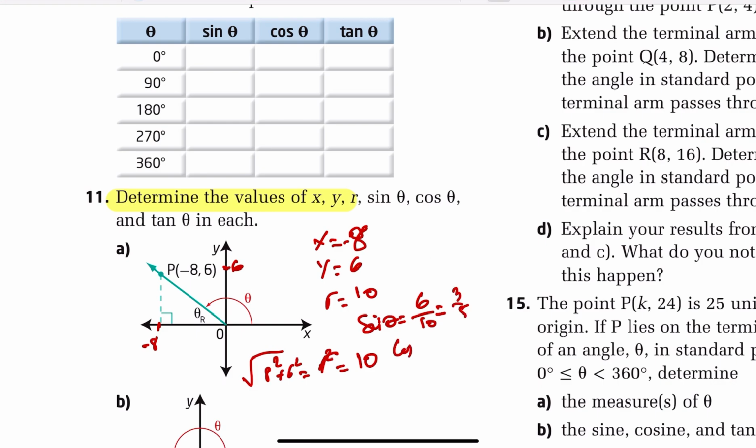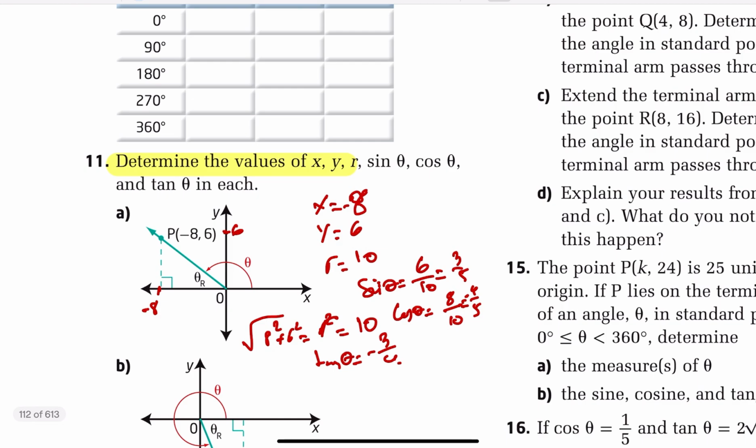The cos of theta is the adjacent, 8 over r, r is 10, which is 4 over 5. Because it is quadrant 2, it is negative, so the cos is minus 4 over 5. The tan theta is minus 3 over 4. Good. I hope this helped you, and see you.